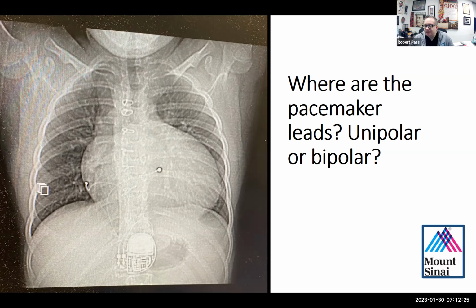There's probably one major reason, which is simply that when a patient has a bipolar lead, if one of the conductors were to break, you could always reprogram the device as unipolar. So in other words, you have two chances with a bipolar lead, as long as the cable from the pods to the device is intact.